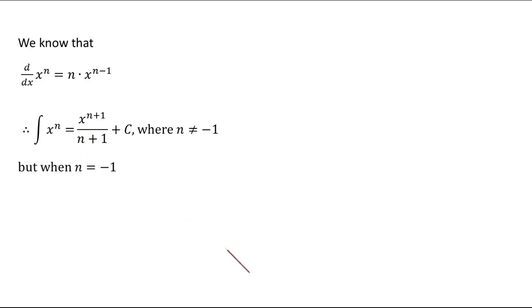But when n is exactly minus 1, the integral of x raised to minus 1, which is 1 upon x, is how much? Even mathematicians tried to find the answer to this. Today, of course, we know the answer to this is the natural log of x, but we are going to understand how this came.